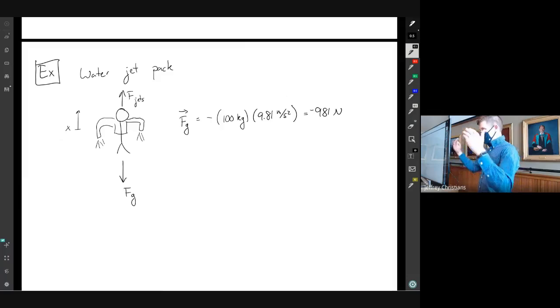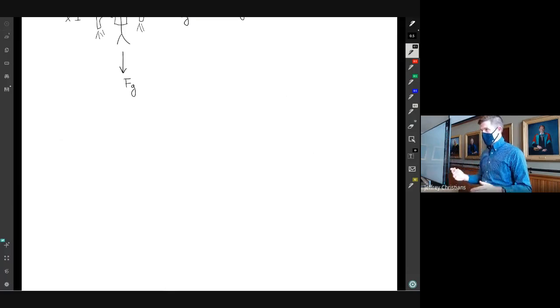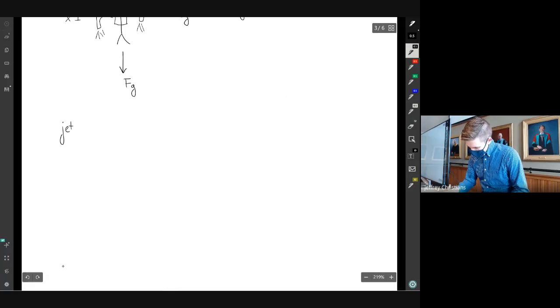So we have this force going down, so our jets must be creating that type of force pushing up. So let's look a little bit more closely at that force and see they have to be balanced. So we'll look at our control volume. So look at the jet nozzle.